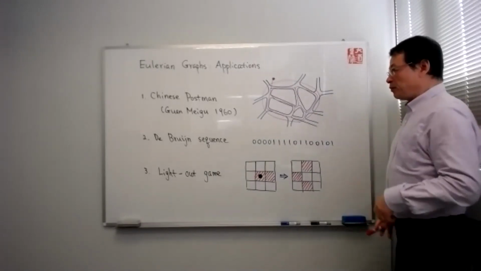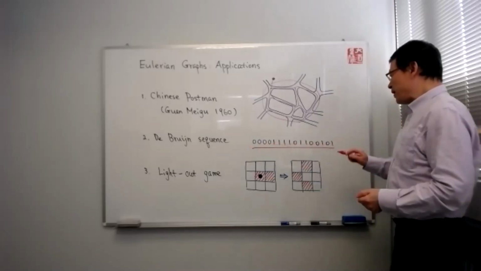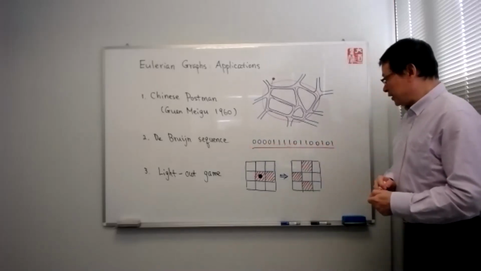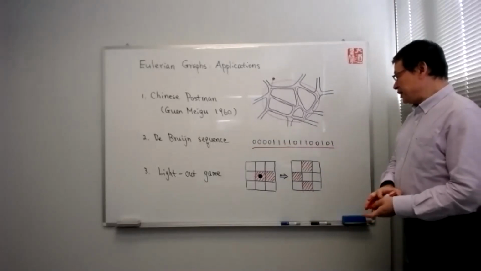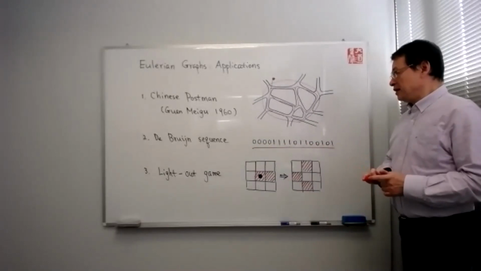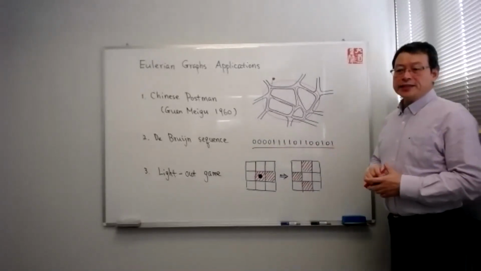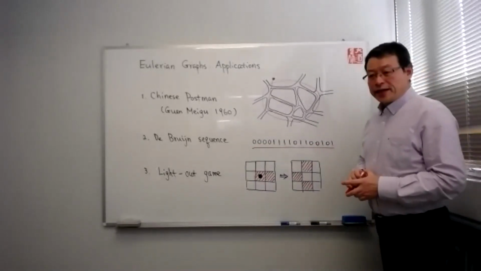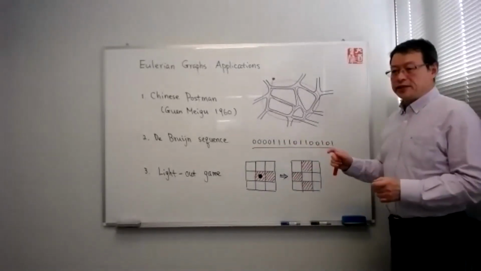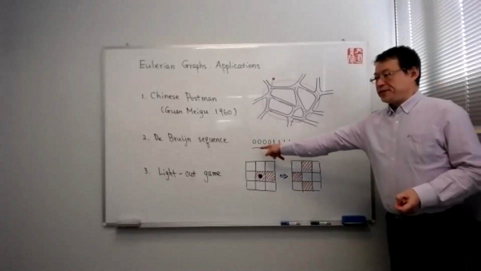The second problem is the de Bruijn sequence. Look at this sequence of binary digits 0 and 1. Do you notice anything? Actually, it's not easy to notice something special. This one has the property that all 16 different binary numbers with 4 bits can be obtained from this sequence.